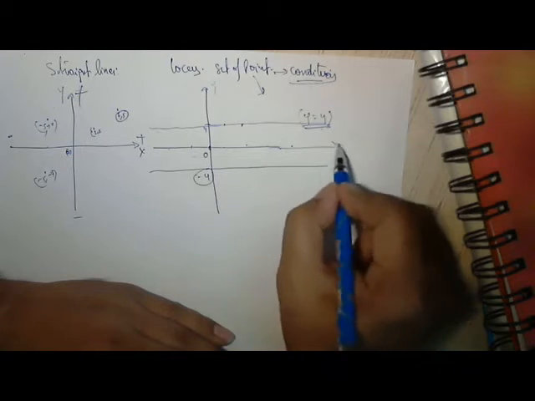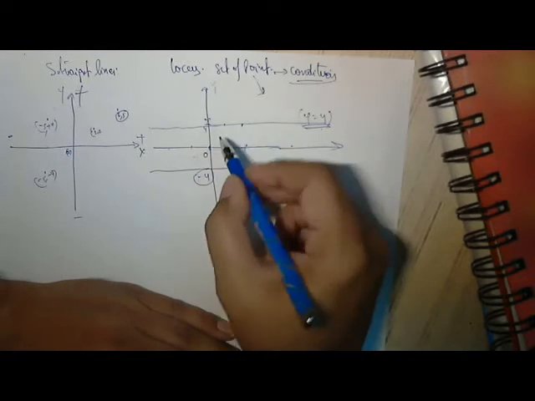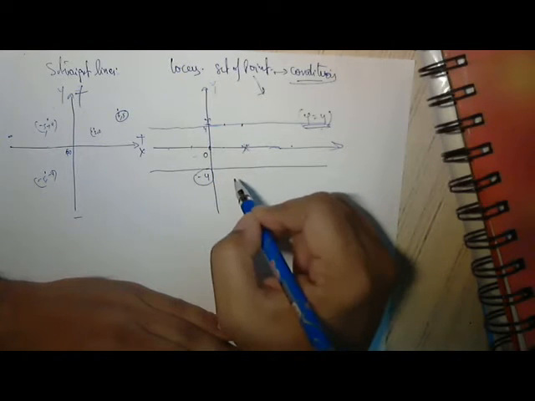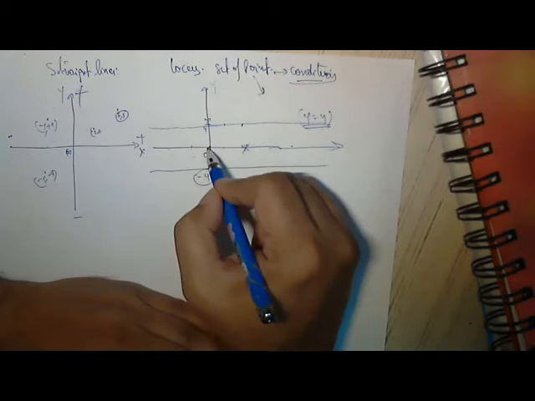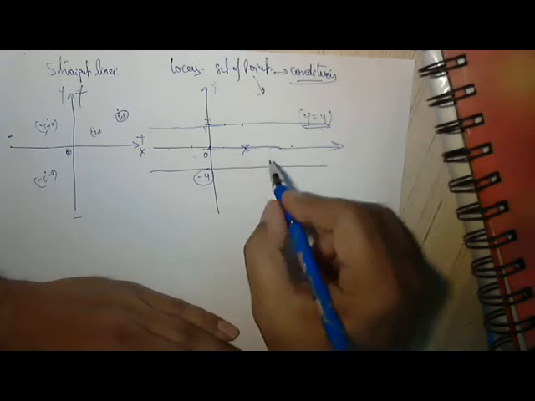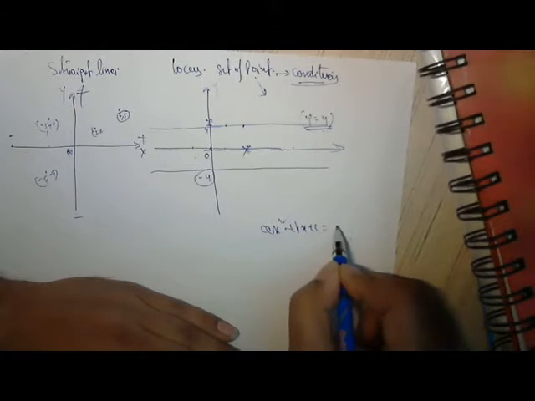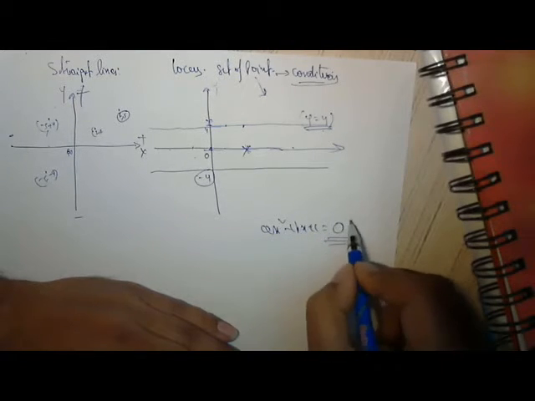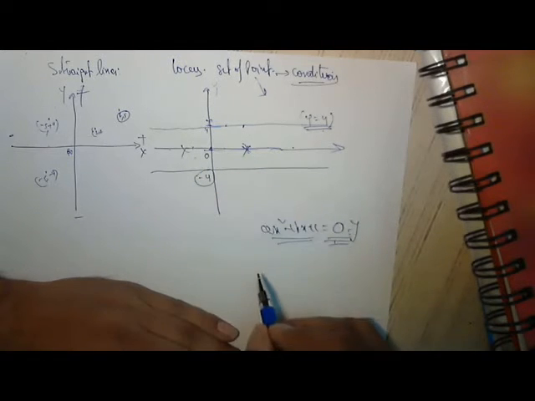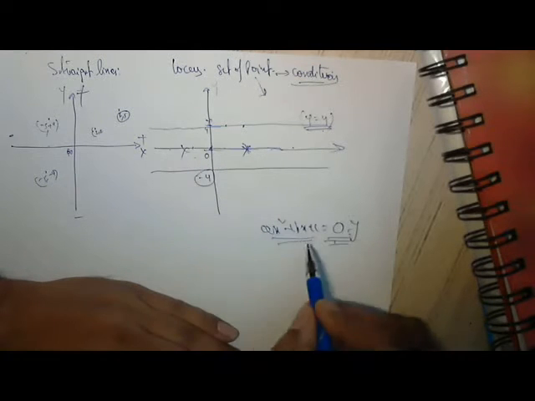Y is 0. So whenever we have to find the intercepts on the coordinate axes, we have to put 0 for the other variable. Suppose I want the intercept on the x-axis of an equation. So I'll put y is 0 in that equation, and I'll get x. That's how we solve ax square plus bx plus c is equal to 0. We put y as 0, then we solve for x. These two x coordinates we will solve. So whenever I put y is 0, I'll get the intercept on x.